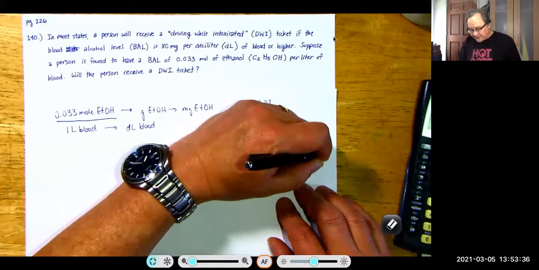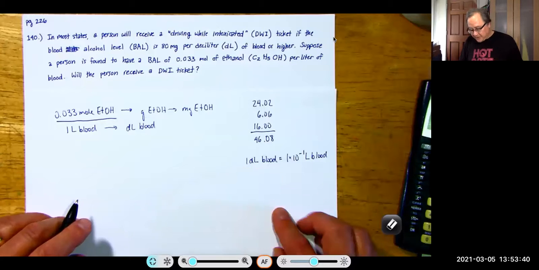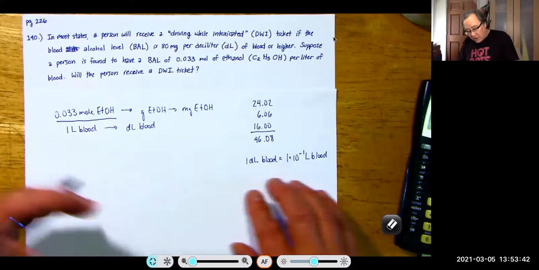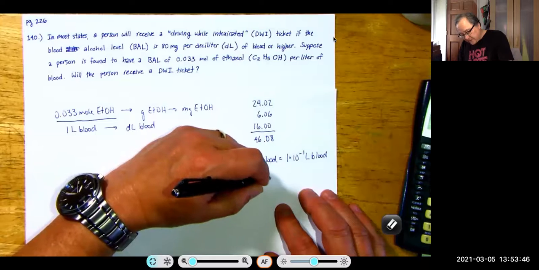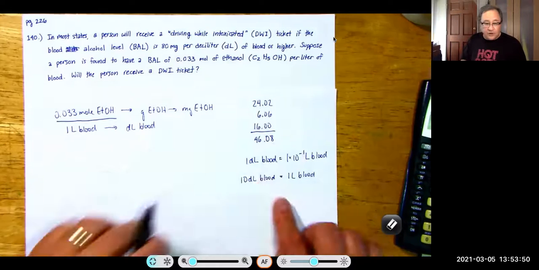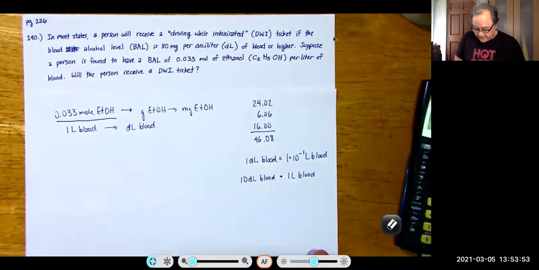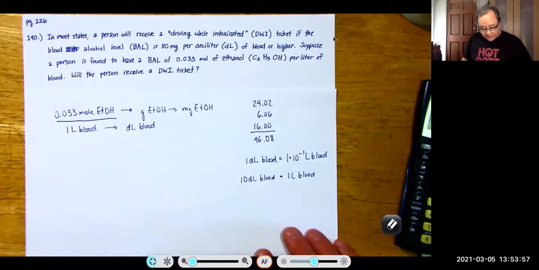The way I got this is I just substituted 10 to the minus 1 for deci. Maybe you already know that there are 10 deciliters of blood in 1 liter of blood. These two conversions are the same thing. Okay, and we already know that 1,000 milligrams is 1 gram.